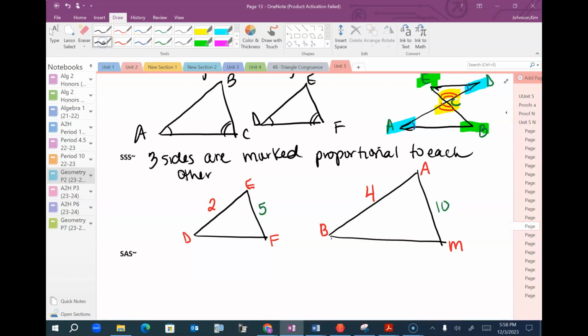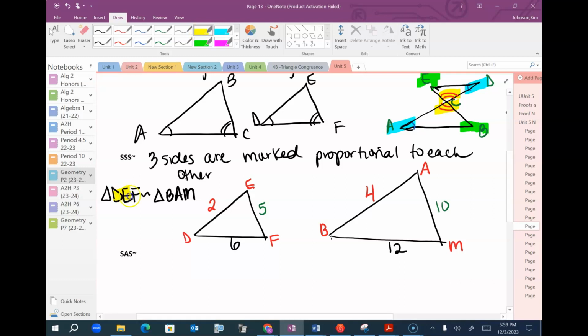And let's say side DF is 6 and side BM is 12. And we're asking if triangle DEF is similar to triangle BAM. So what we would check is that the corresponding sides have the same scale factor, the same ratio as one another.